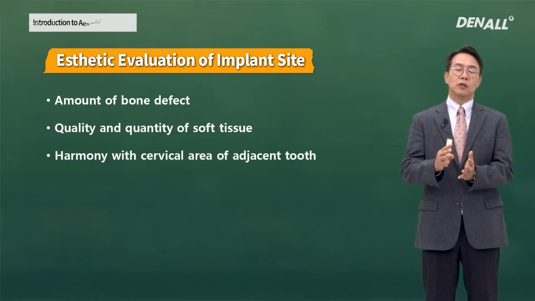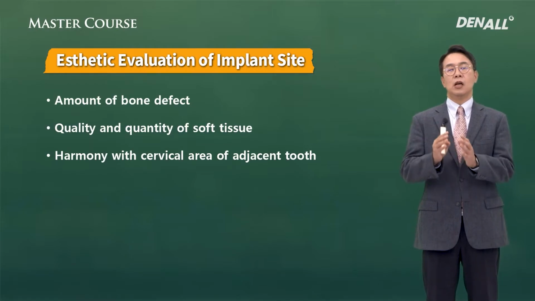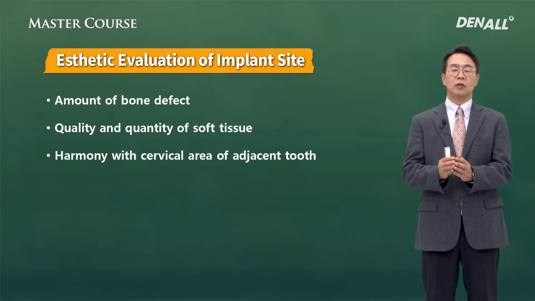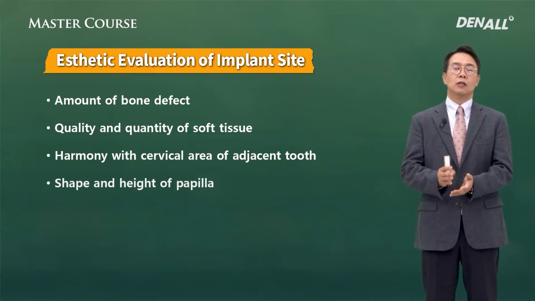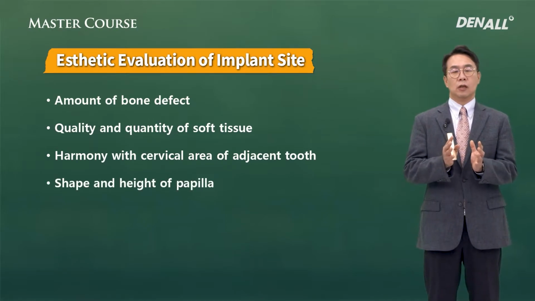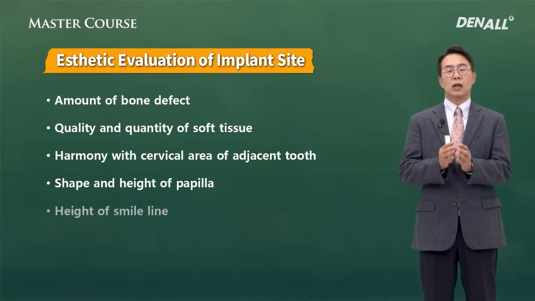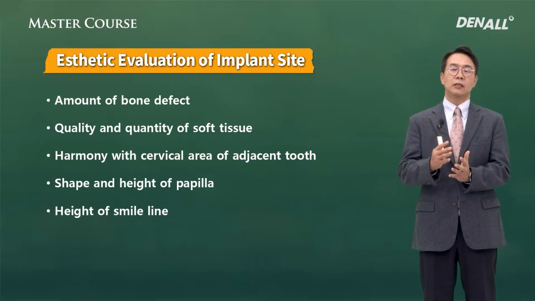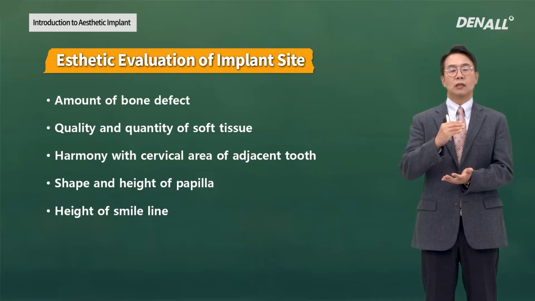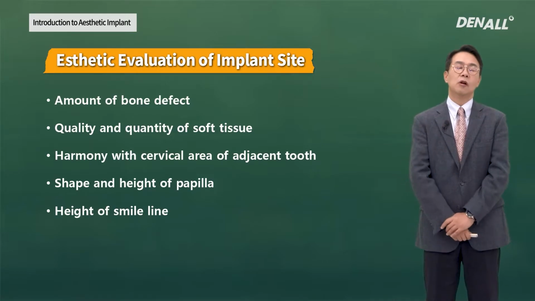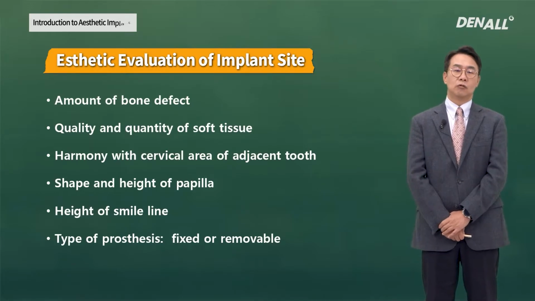Third, harmony with the cervical area of the adjacent tooth, whether there is a gingiva recession or huge damage in terms of vertical bone loss. And we need to think about the shape and height of interdental papilla, whether the patient has a normal smile line or high smile line, and the type of prosthesis. These need to be evaluated.